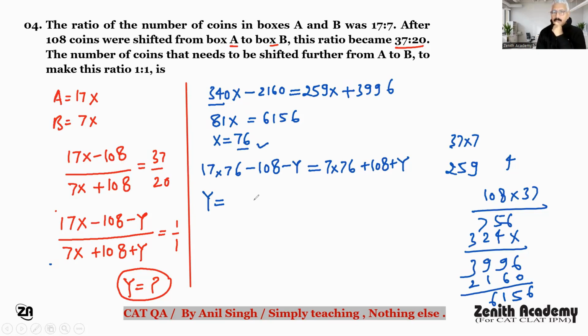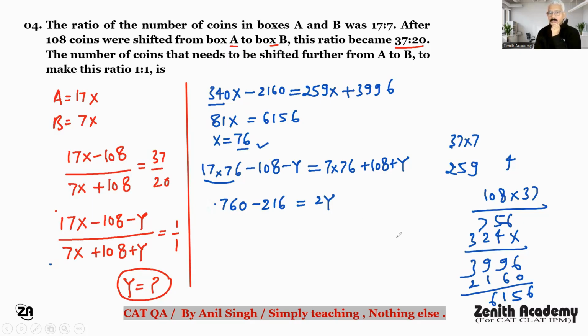Very simple. 17 minus 7 is 10, so 10 times 76 is 760. Minus 108, and here is minus 216. And this is equal to 2y. So further, 760 minus 216.